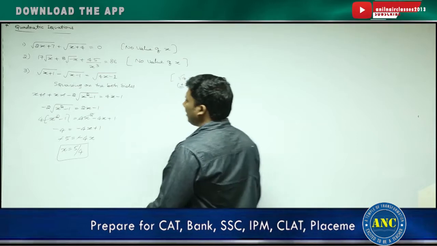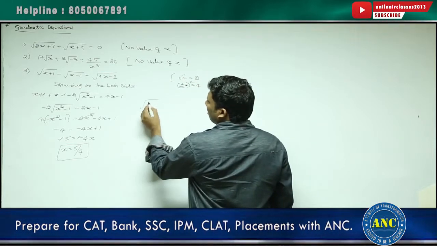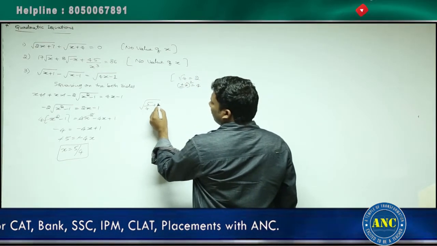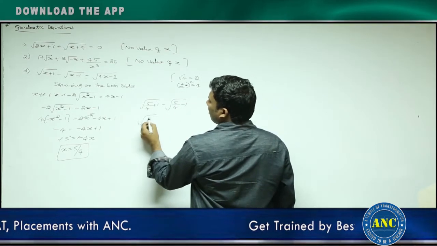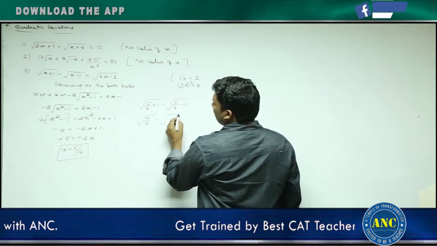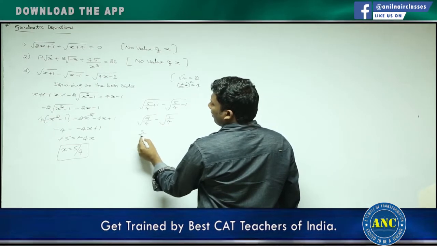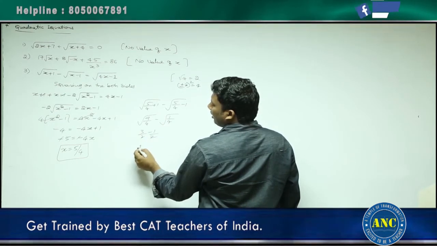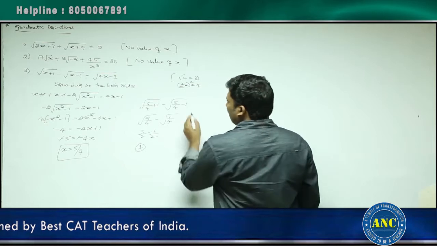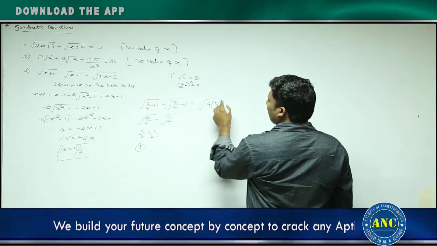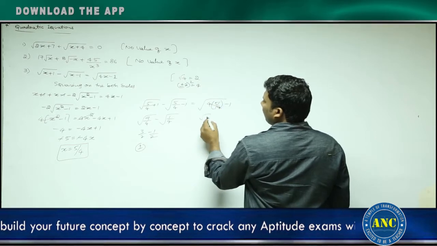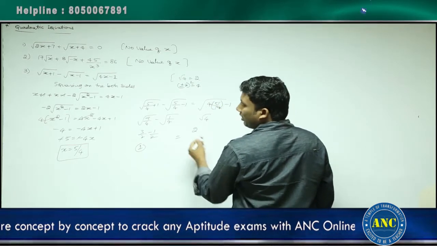But it is incorrect. If you substitute, square root of 5 by 4 plus 1 minus square root of 5 by 4 minus 1: this is 9 by 4, this is 1 by 4. 3 by 2 minus 1 by 2. It is 1. It is to be equal to square root of 4 into 5 by 4 minus 1, which is square root of 4, so 2. Is 1 equal to 2?